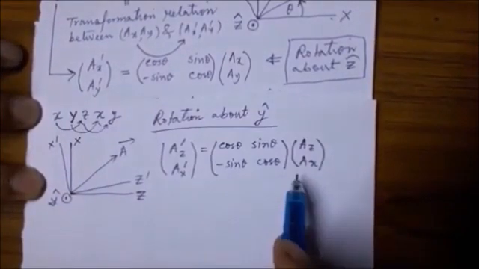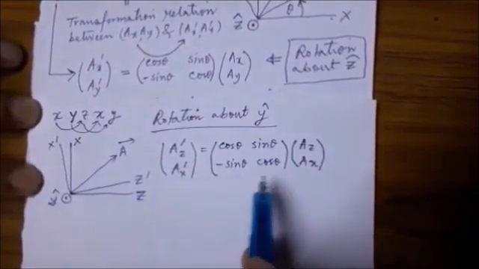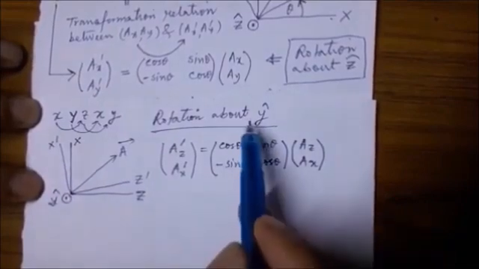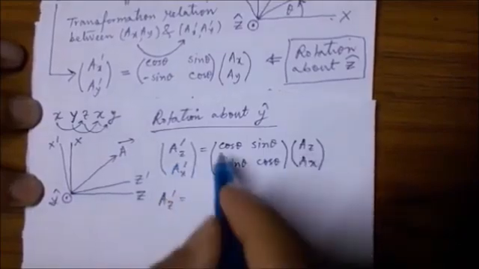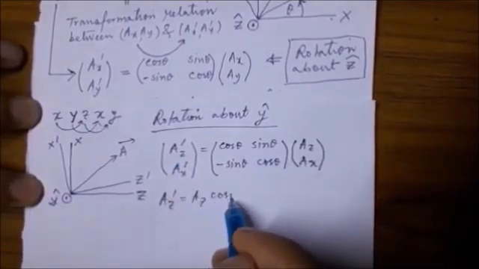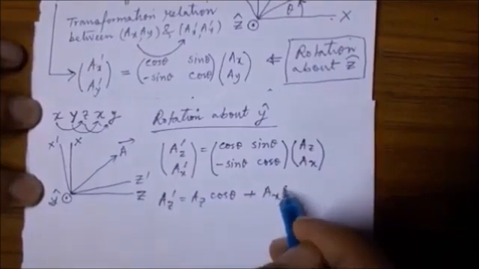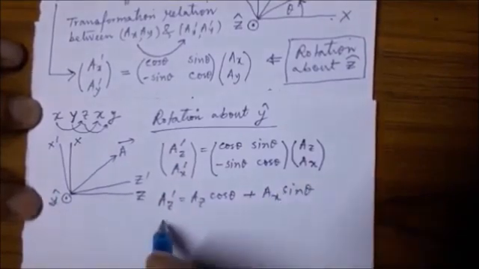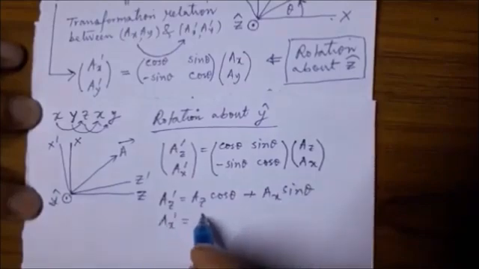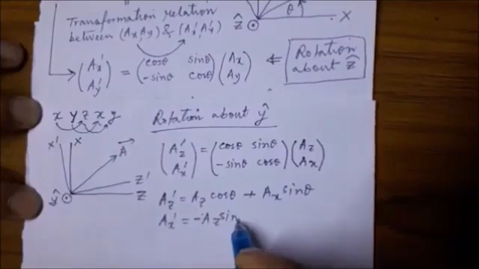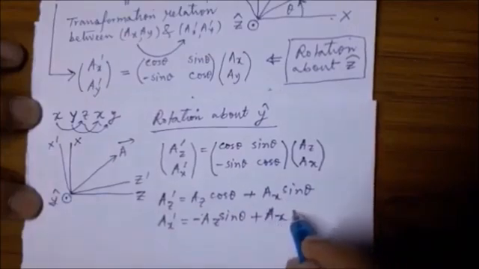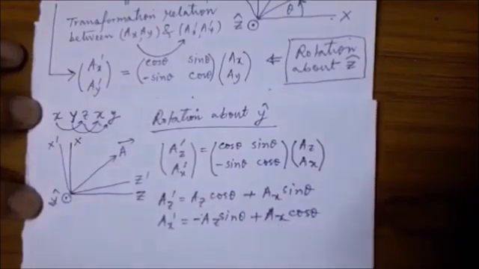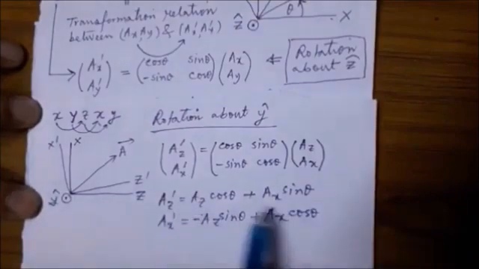This is the transformation relation written in matrix representation with respect to rotation about y cap, and we can expand it and write az prime, az cos theta plus ax sin theta. So these are the transformation relations.